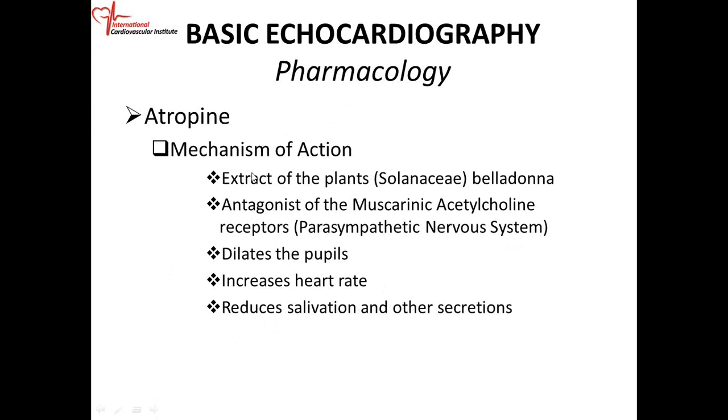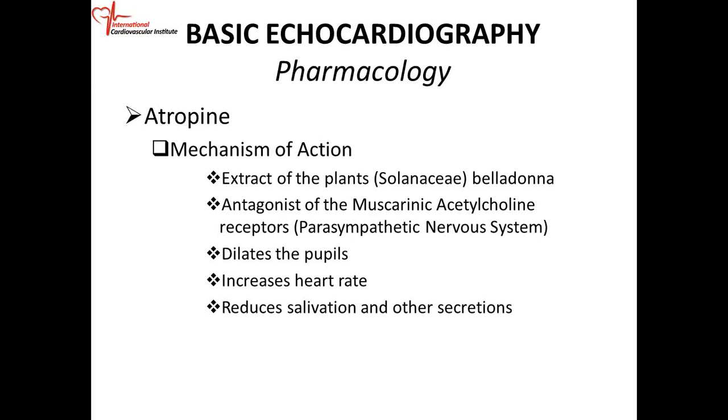The mechanism of action. Atropine is an extract of the belladonna plant. It antagonizes the muscarinic acetylcholine receptors, or the parasympathetic nervous system. So the nervous system is divided into your parasympathetic and your sympathetic.